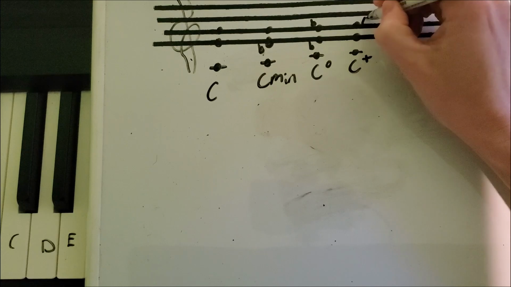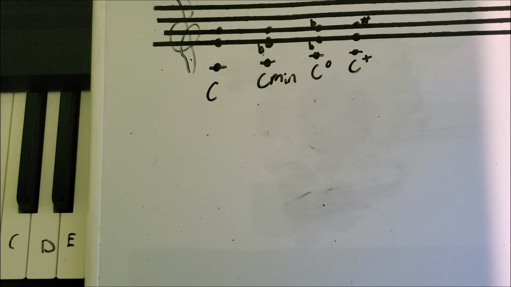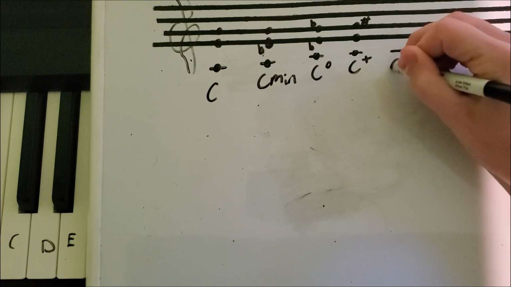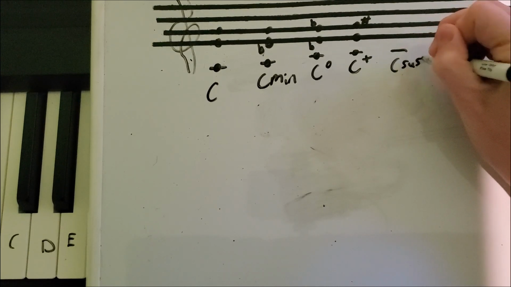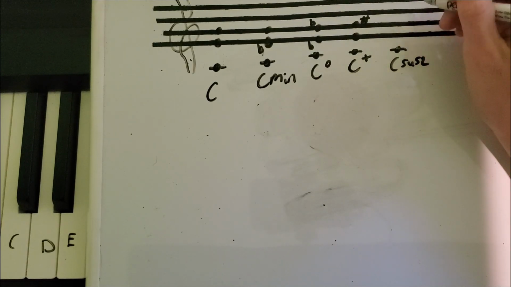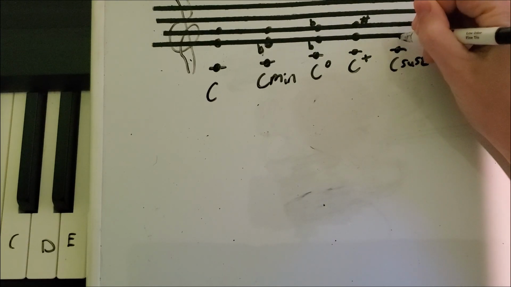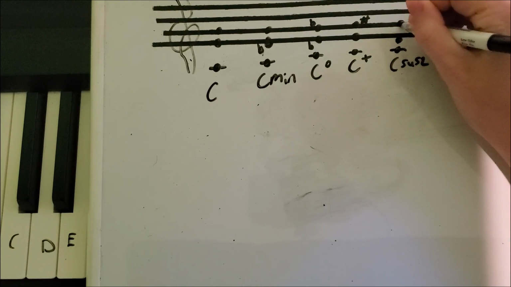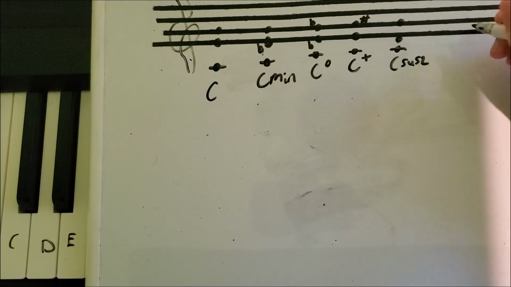G is going to be sharp. Now if we do C sus2, we're going to do a C is the same. Now instead of the E, we're going down. So that's going to be our D. And then G remains the same here.